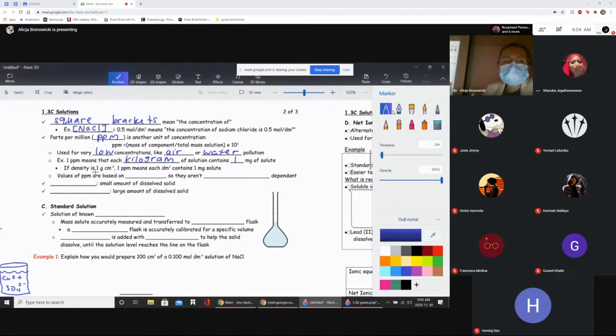Okay, so if your density is 1 gram per centimeter cubed, 1 part per million means each liter contains 1 milligram of solute. Okay, so values of parts per million are based on mass, so they aren't temperature dependent.